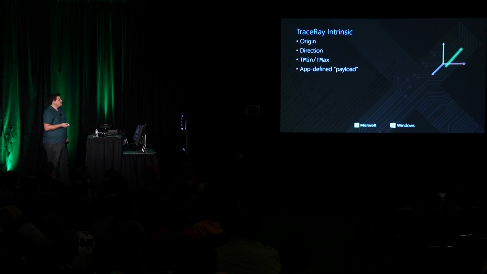So this is the TraceRay intrinsic. It has the properties that you would expect, an origin, a direction, as well as a floating point Tmin, Tmax that specifies what range of intersection you'd like to consider in the scene. In addition, it also has this application-defined payload structure. This is a payload that follows the ray as it executes the various shaders in the scene.